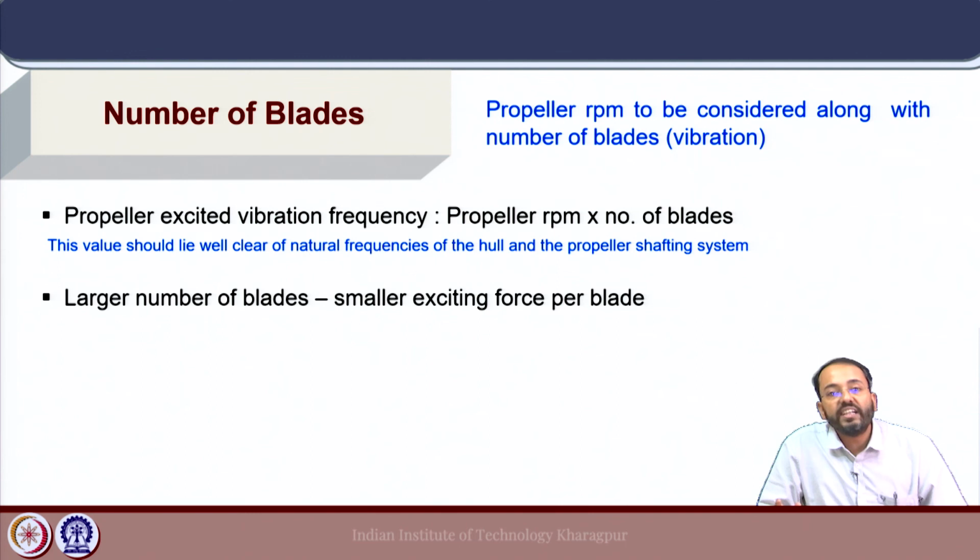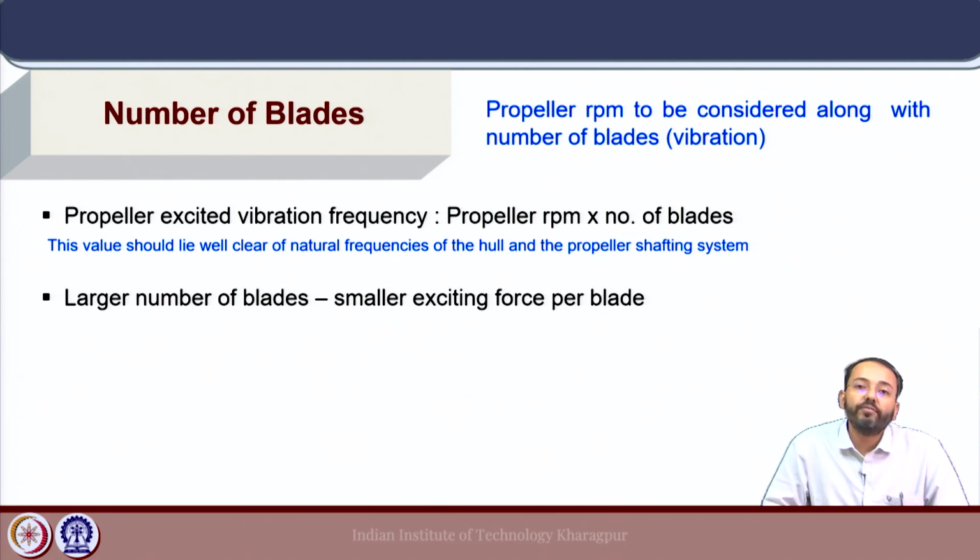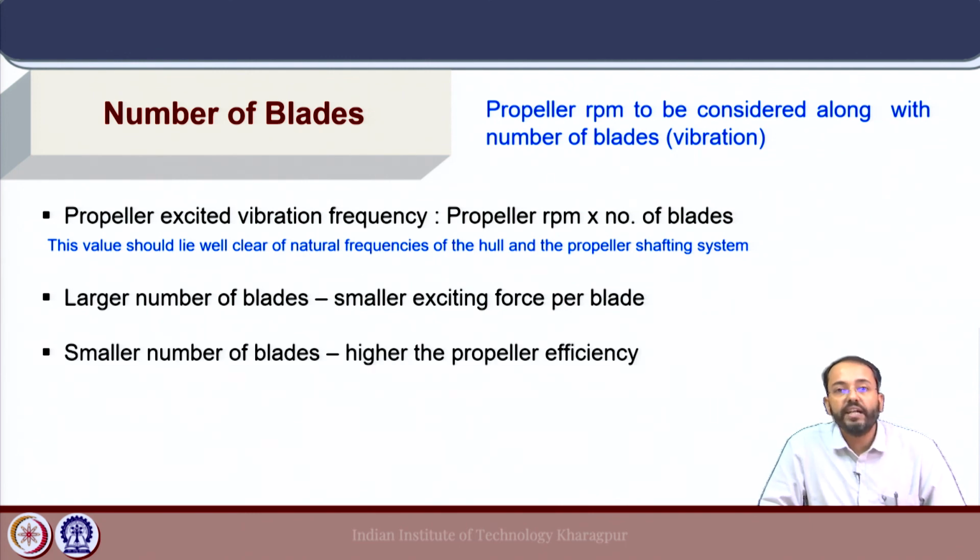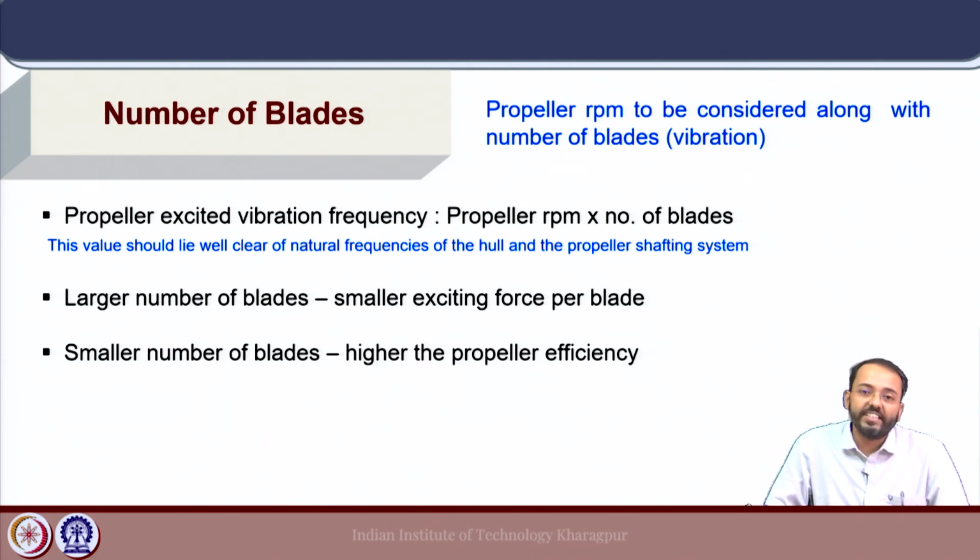Now, the larger the number of blades, the smaller will be the exciting force per blade. On the other hand, the smaller the number of blades, the higher will be the propeller efficiency. So, this is where the conflicting conditions arise. On one side, if we have a smaller number of blades, that will increase the propeller efficiency.